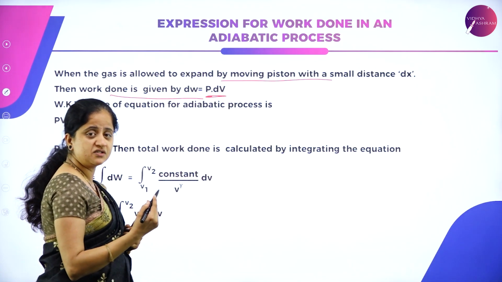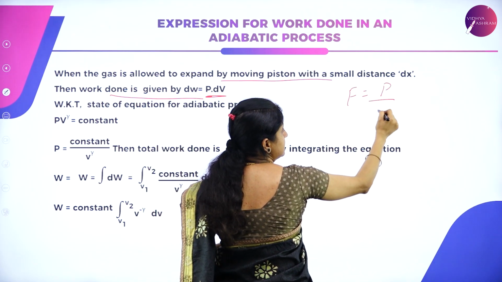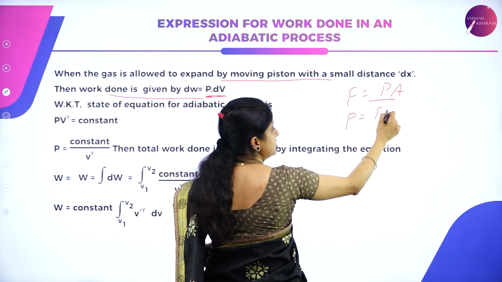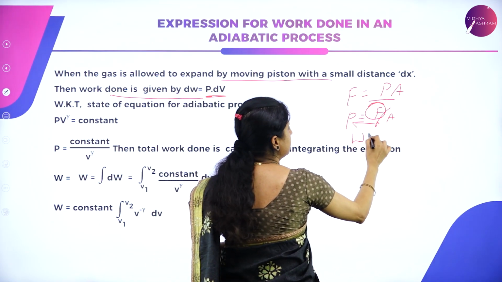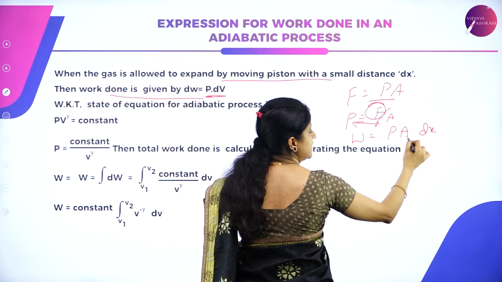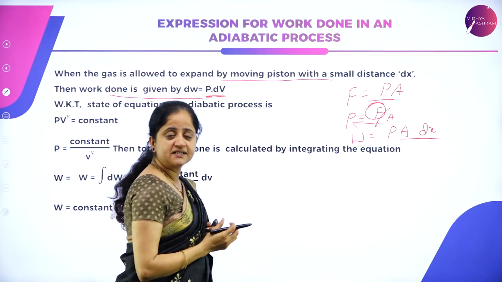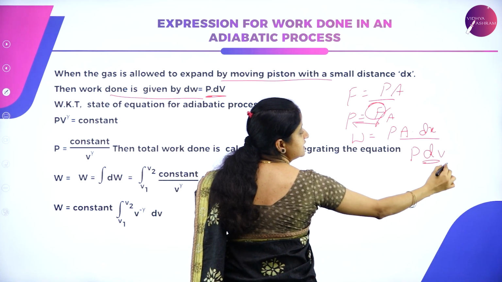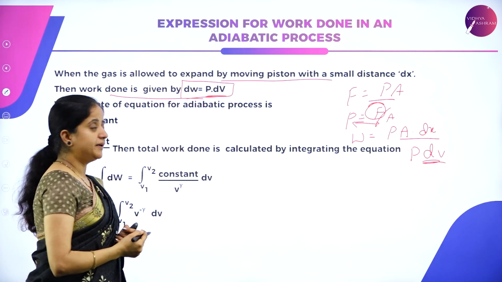Work done is equal to force into displacement, and according to the expression of pressure, pressure is equal to force divided by area, so force can be written as P into A. So work done is force into displacement, that is PA into dx. Area into length gives a small volume, and hence it is P dV. So the work done is given by dW = P dV.